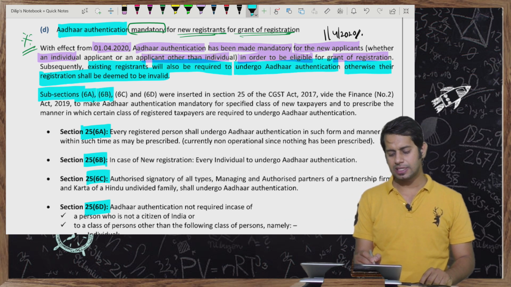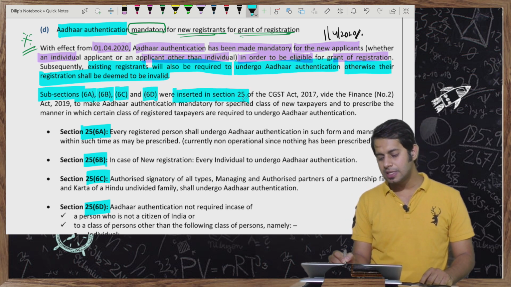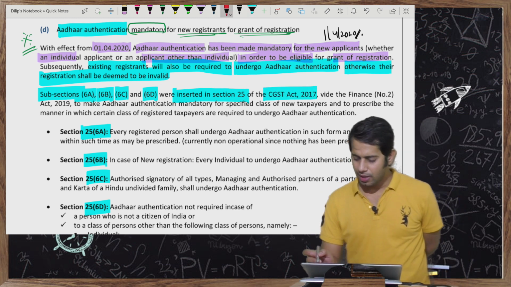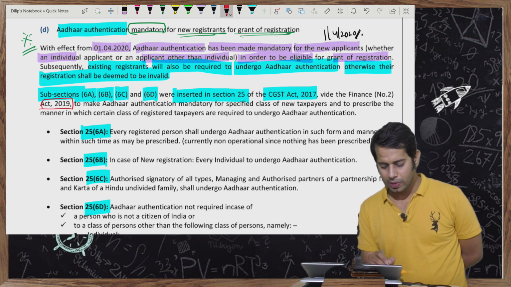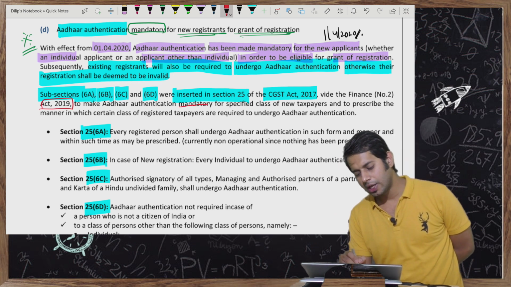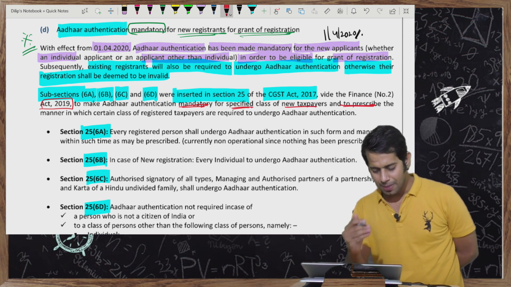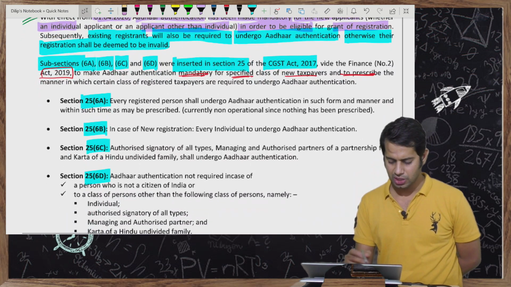Sub rules 6A, 6B, 6C, 6D have been inserted in section 25 of the CGST Act 2017, vide Finance Act 2019, to make Aadhaar authentication mandatory for a specified class of new taxpayers and to prescribe the manner in which such authentication is to be made.